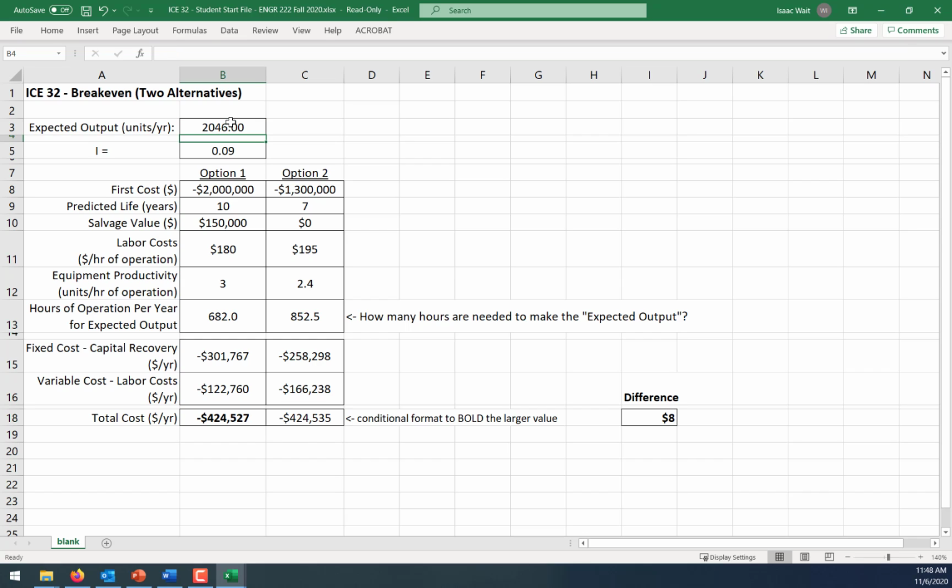So if you make more than 2046, then option 1 is preferable. Like if I make 2047, option 1 is better, but if I make 2045, then option 2 is better. So that shows you the break-even point between alternatives.